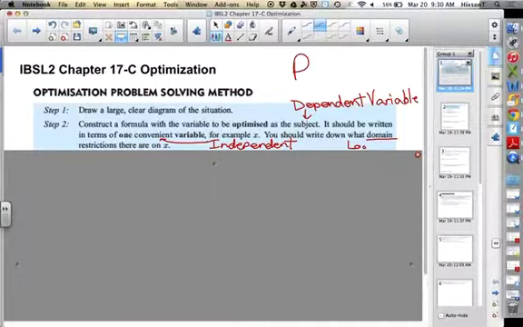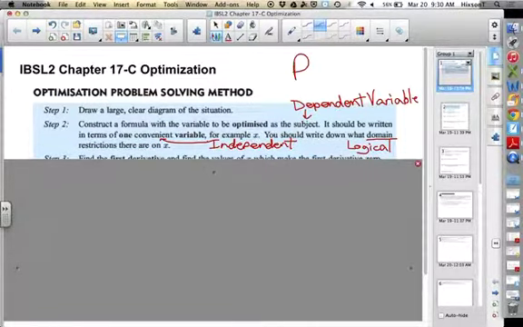A logical domain. And what I mean by that is, in terms of the situation, what are values that may be mathematically correct, but logically don't make any sense?